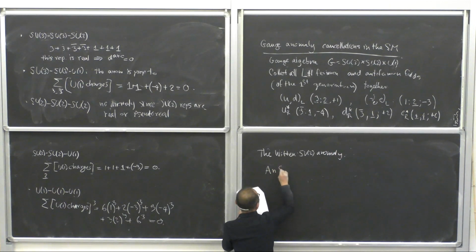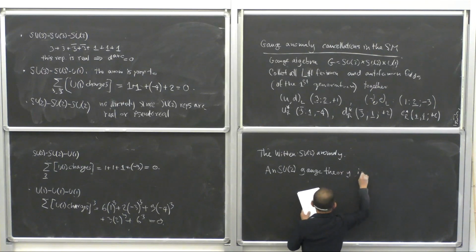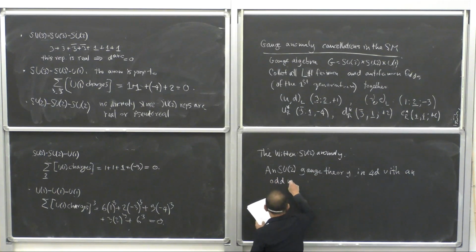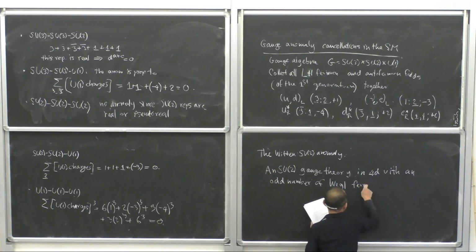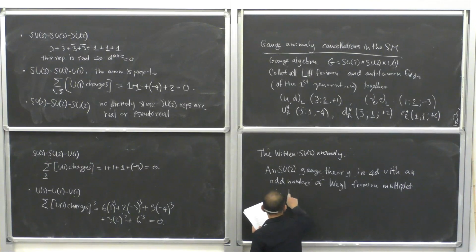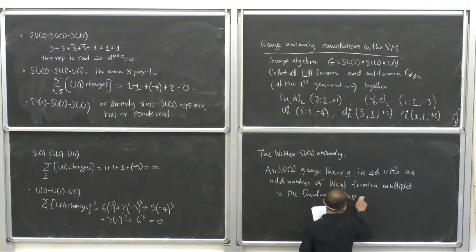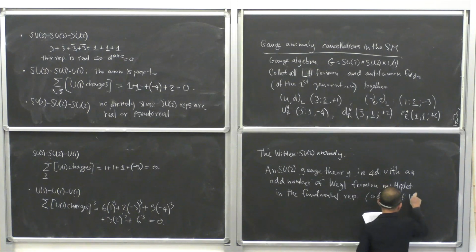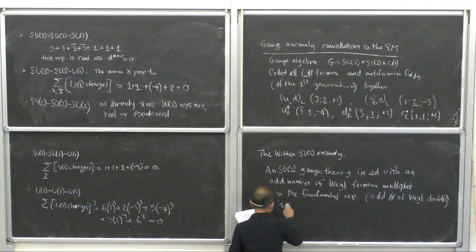It says that an SU(2) gauge theory in 4D with an odd number of Weyl fermion multiplets in the fundamental representation, some people call this an odd number of Weyl doublets, is inconsistent.